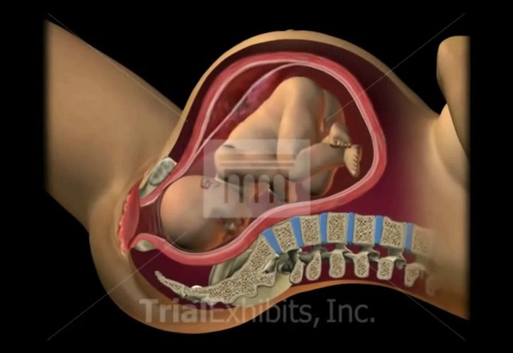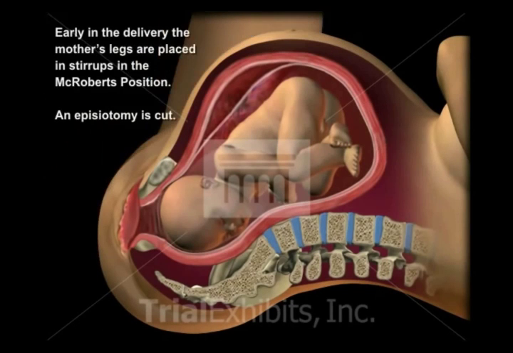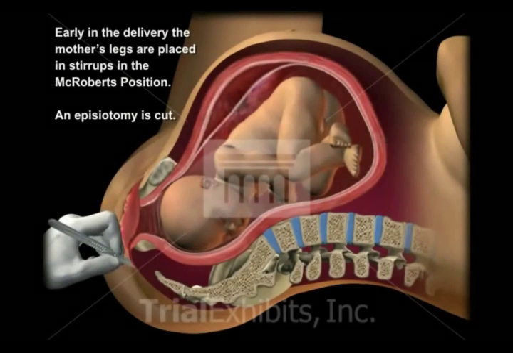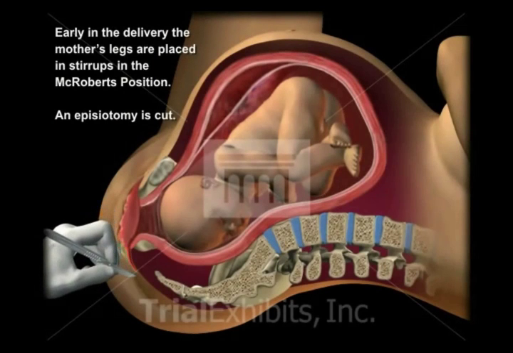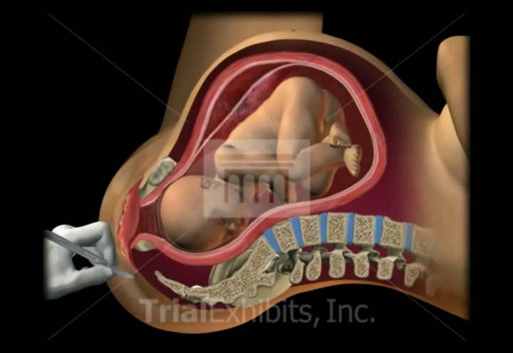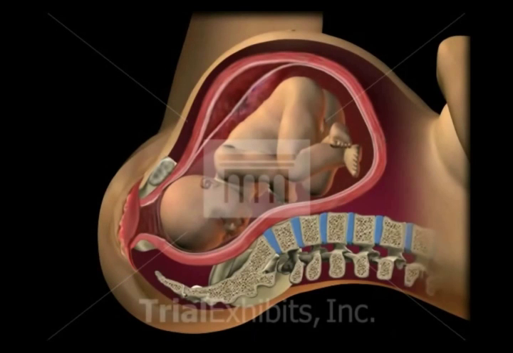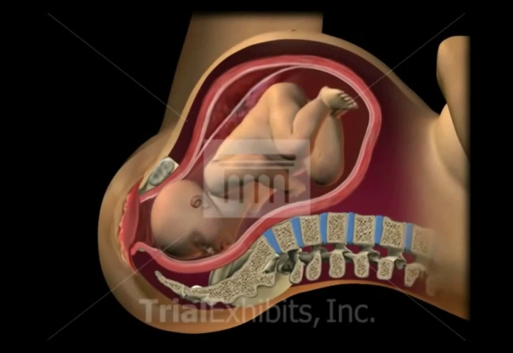Notice where the symphysis pubis is. Early in the delivery, the mother's legs are placed in stirrups in the McRoberts position. So we pull her legs way back. An episiotomy is made.